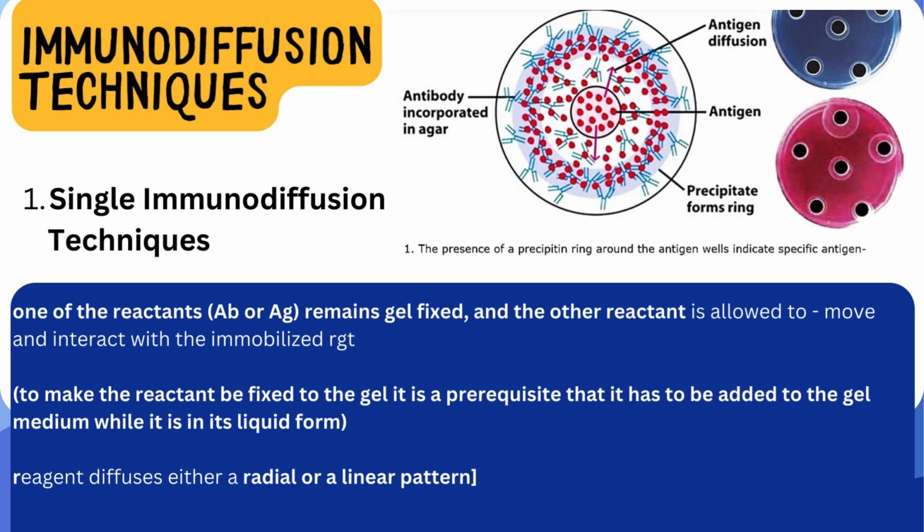The immobilized reagent is the antibody, and the antigen is the one that is moving. It's the antigen that diffuses. It's the antigen that meets the antibody. It's being immobilized, impregnated, or incorporated in the agar. So that's the thing.